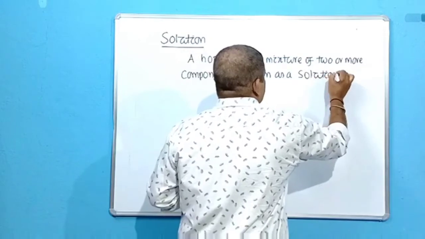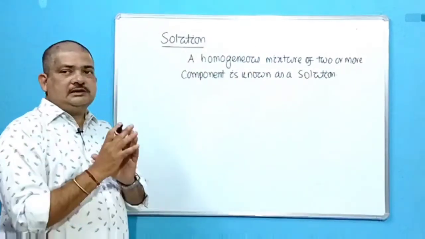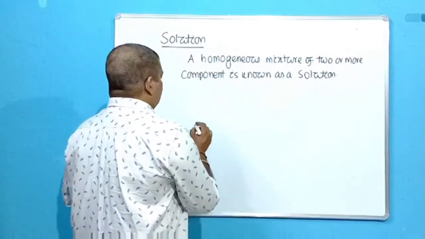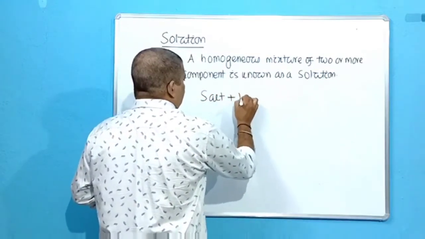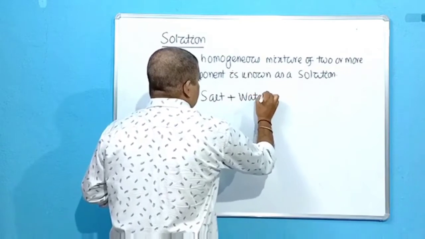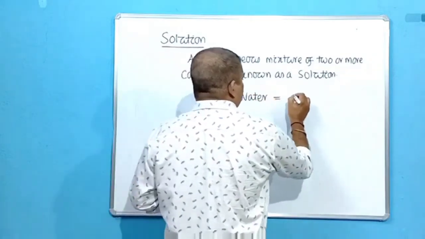So it is a homogeneous mixture of 2 or more components. I have given you an example. What did we do? We added salt to water so that the solution is formed.